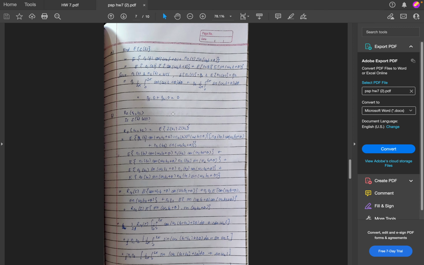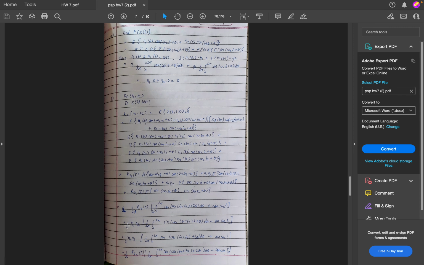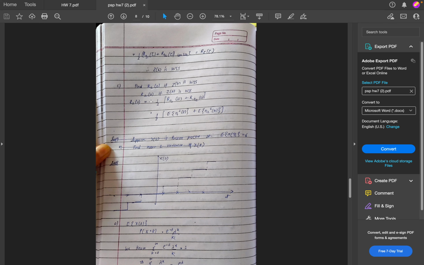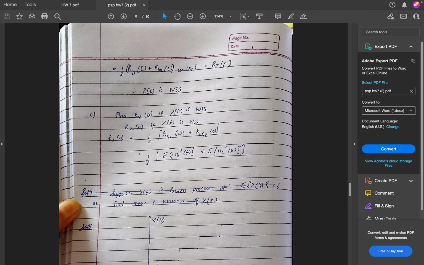After solving all of these terms, we get the final result as 1/2 Rn1(τ) plus 1/2 Rn2(τ) times cos(ωc τ), and this is equal to Rz(τ).